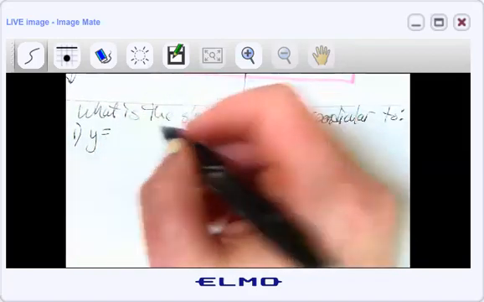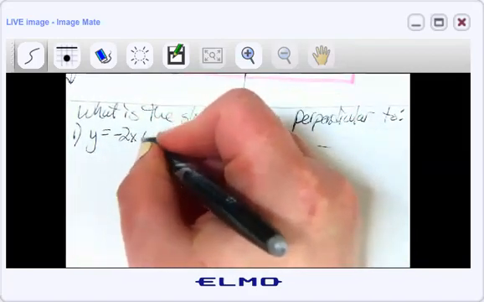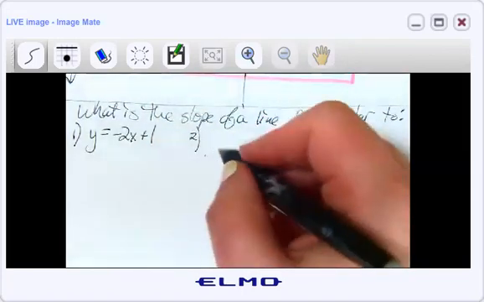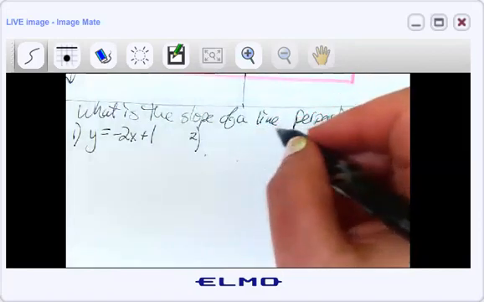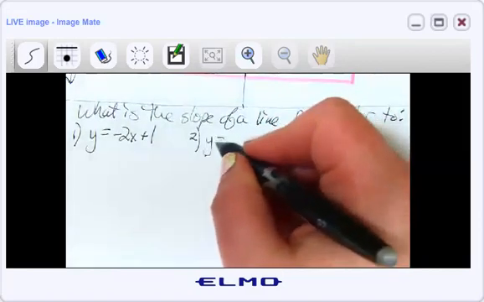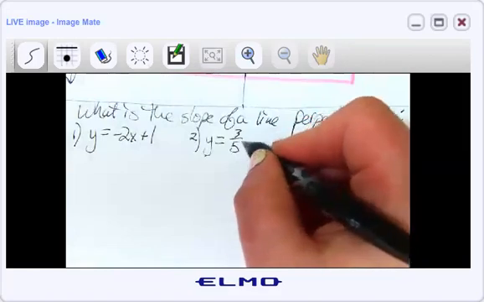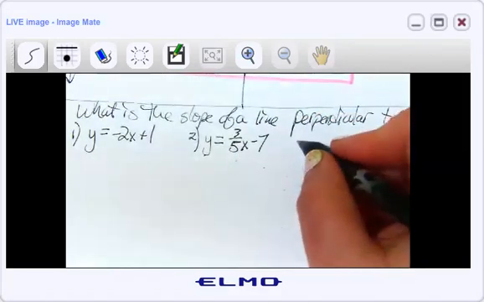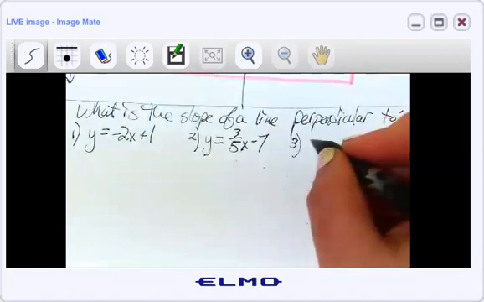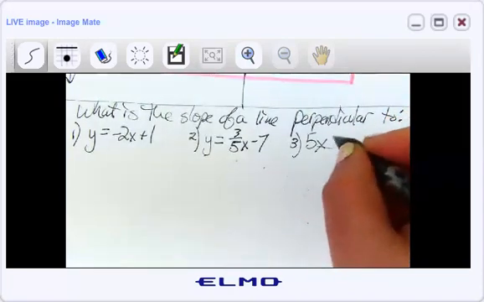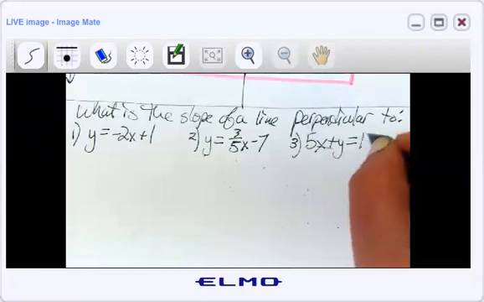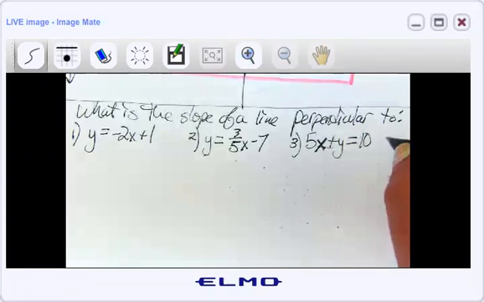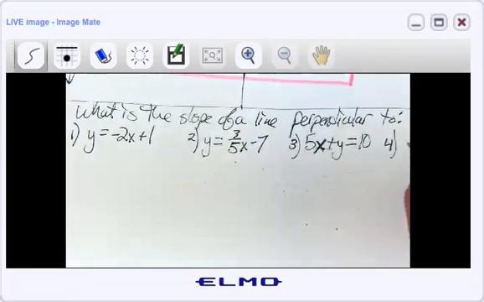Y equals, oh, I don't know, how about negative 2x plus 1? Then we'll move on to, I don't know, y equals 3/5 x minus 7. Five x plus y equals 10. And maybe one more. See if I can squeeze it in here.